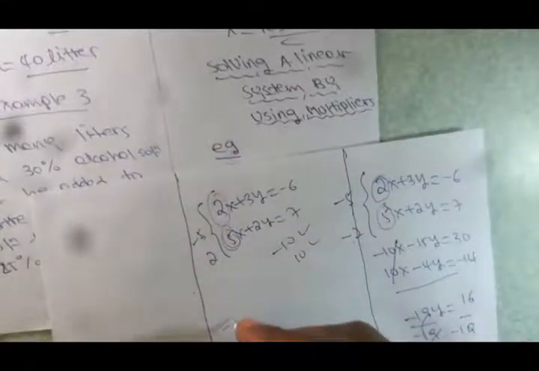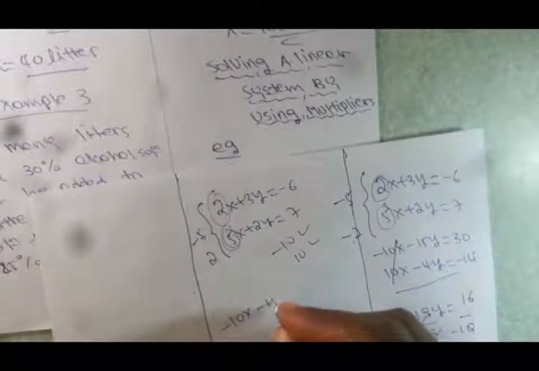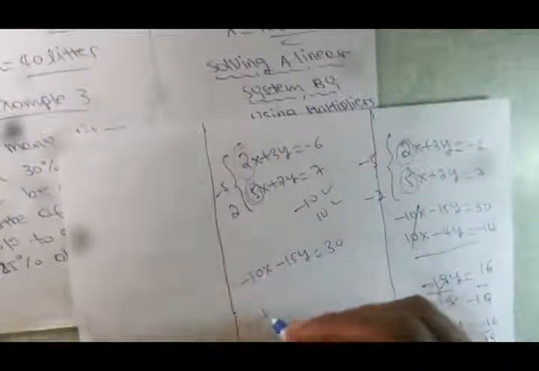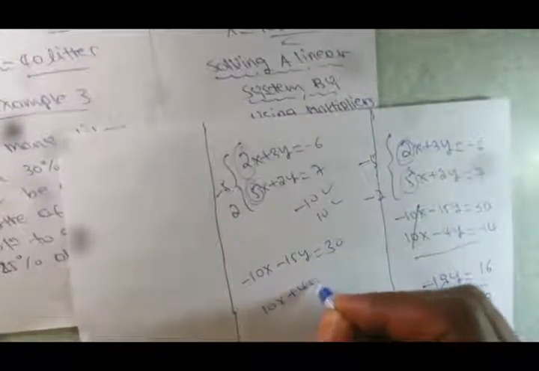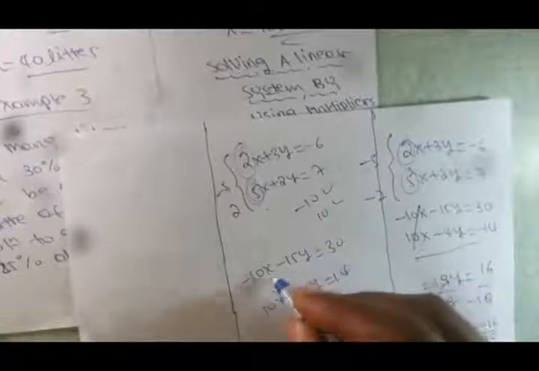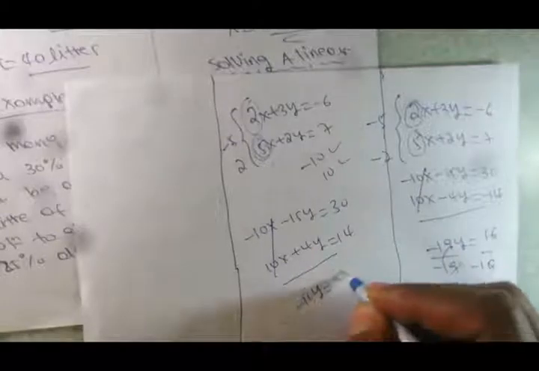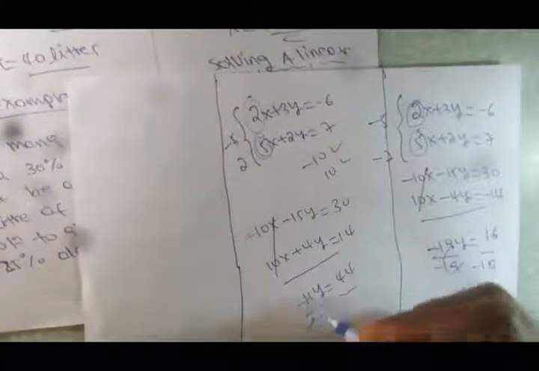So we will continue. Minus 5 times minus 2, minus 10x minus 15y is equals to 13. And 2 times 3, 10x plus 4y is equals to 14. This will be cancelled, and minus 11y is equals to 44. When divided by minus 11, the value of y is equals to minus 4.